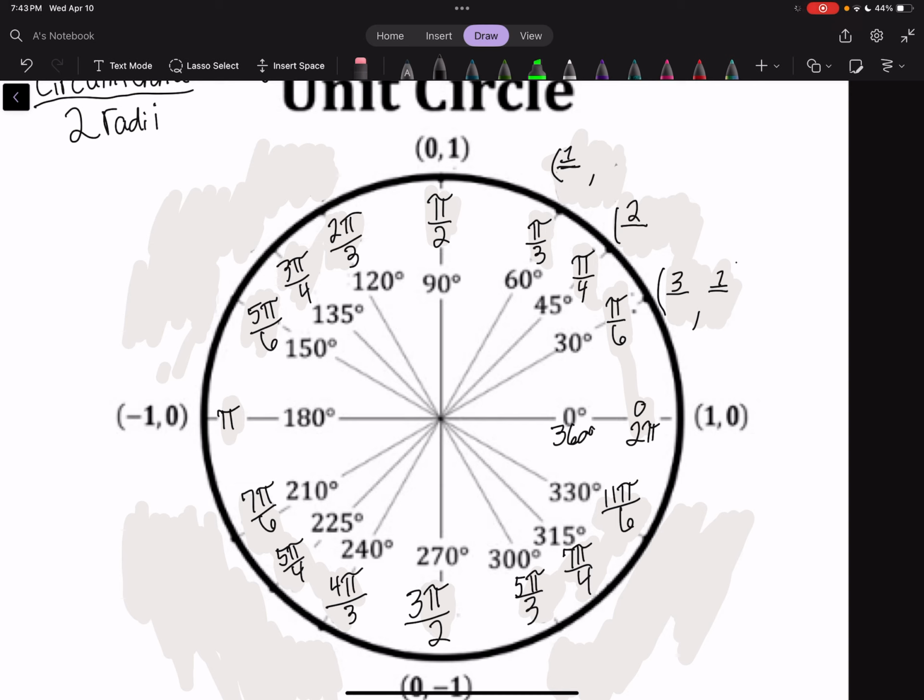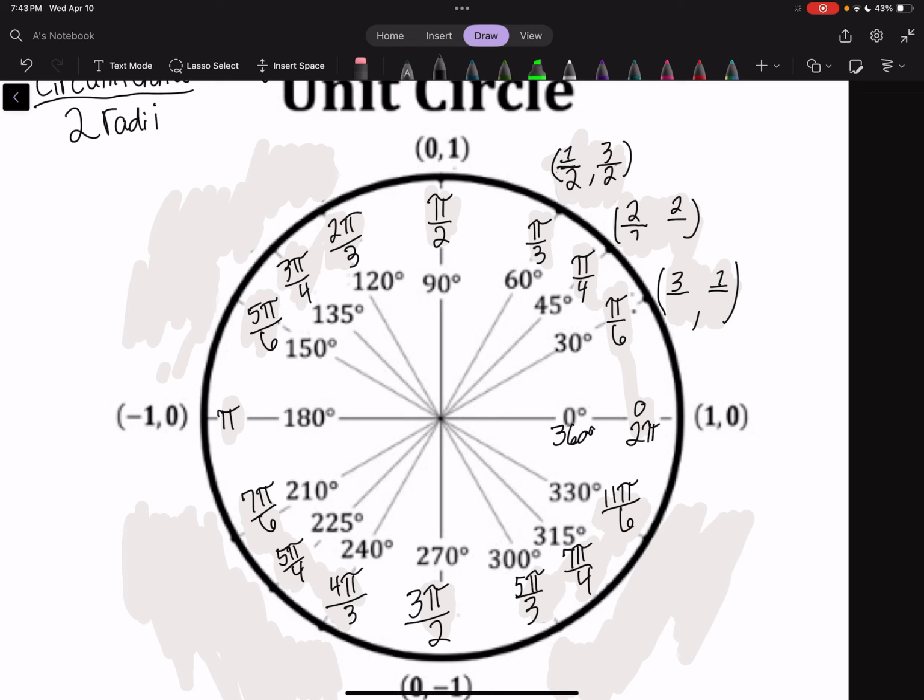1, 2, 3. Now the easy part to remember, that's the hard part to remember. The easy part, you divide everything by 2, and you put a square root on everything. However, the square root of 1 is 1, so you do not have to put it on the 1.